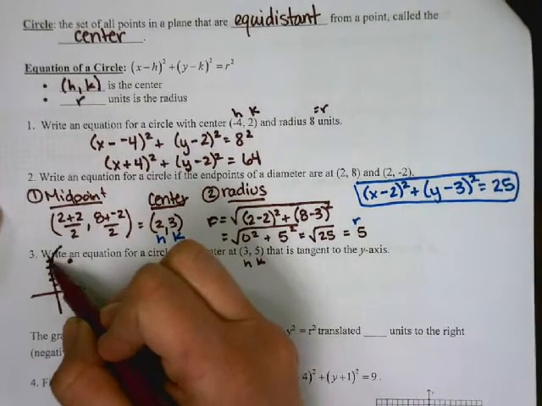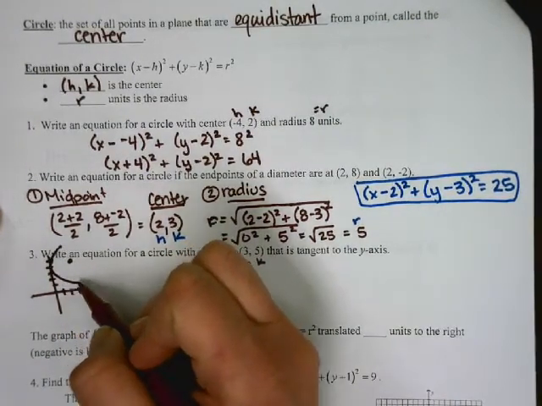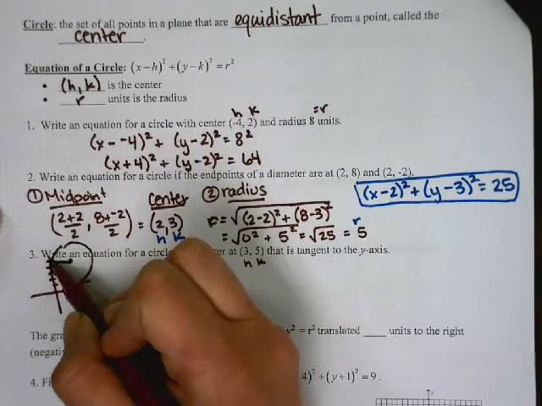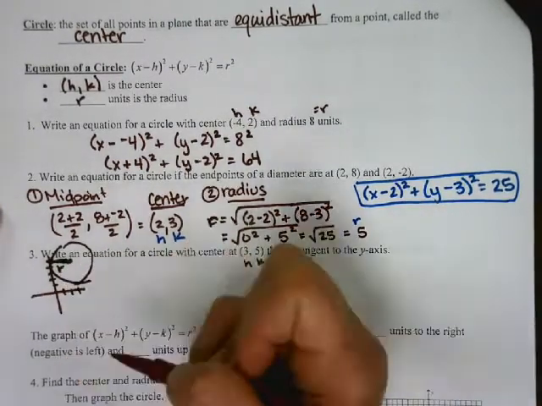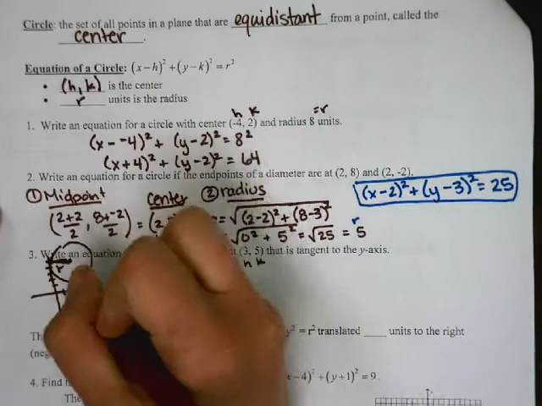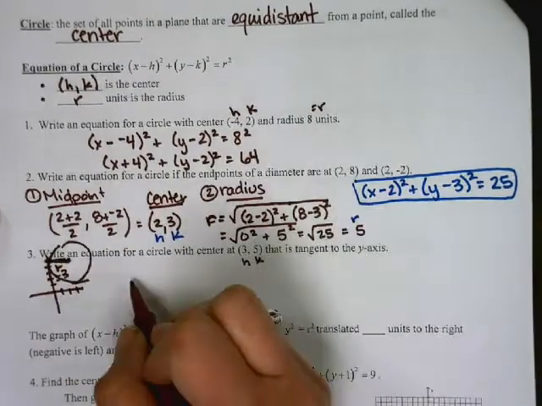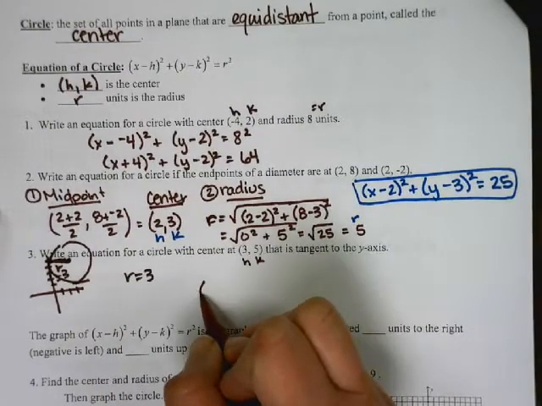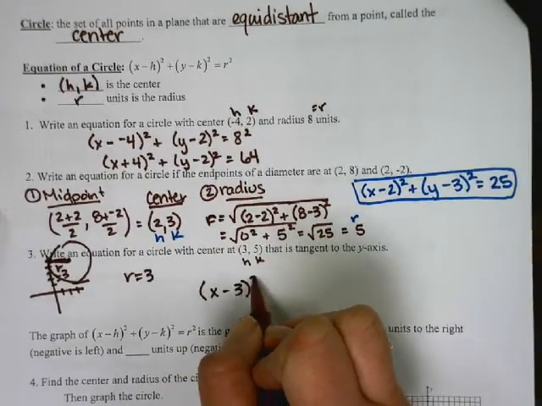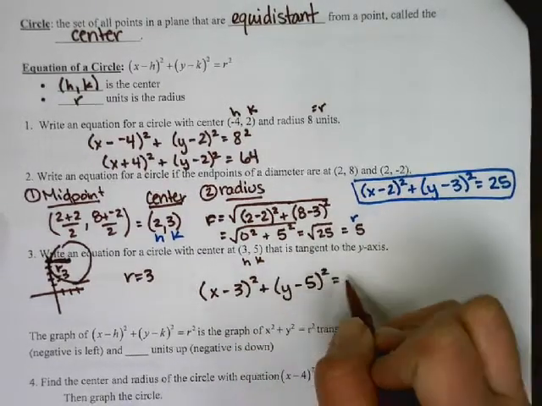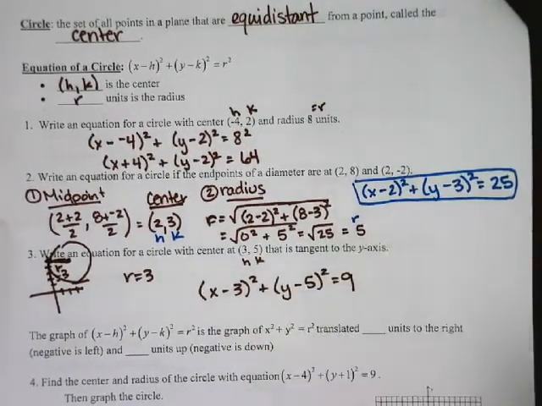Remember, tangent means it touches it at just that one point. So I have a circle that looks something like that. This right here is my radius. So if this is 3 over, my radius is 3. So (x − 3)² + (y − 5)² = 3², or 9.